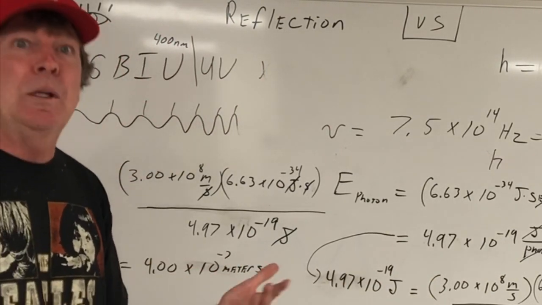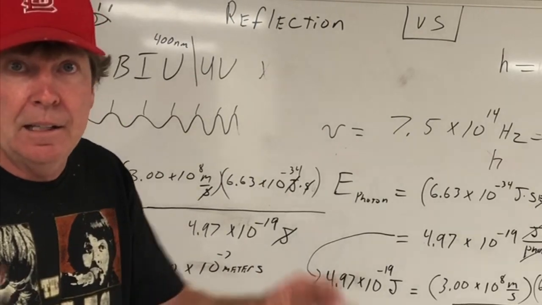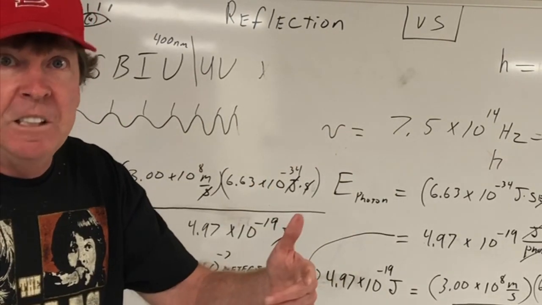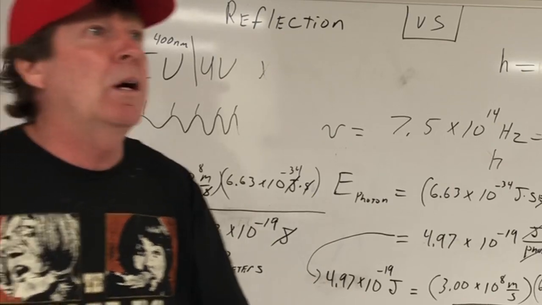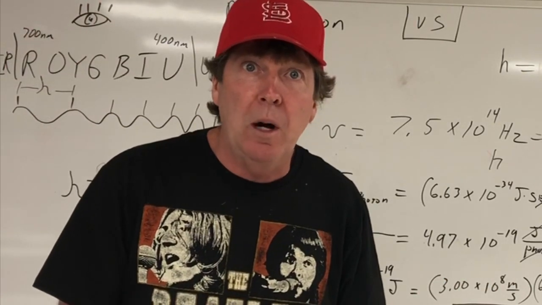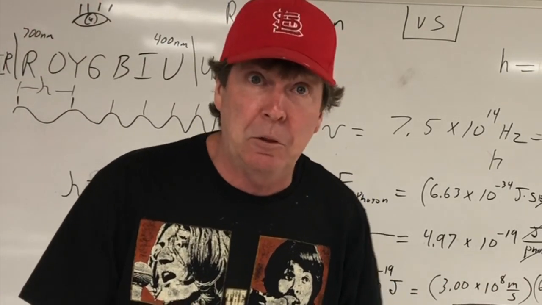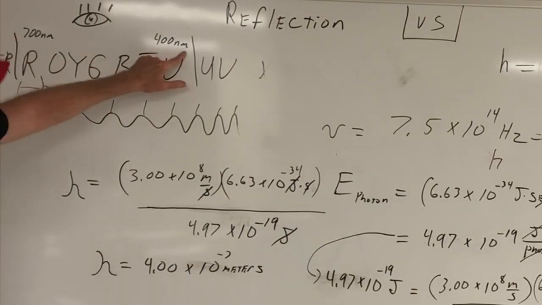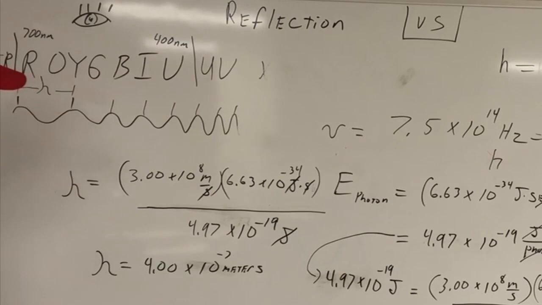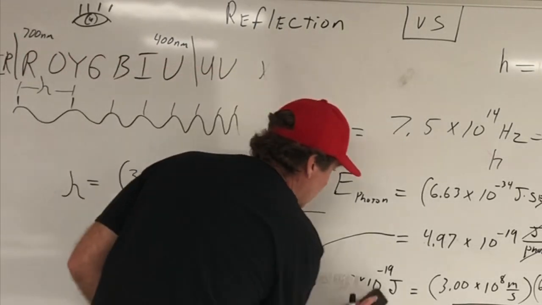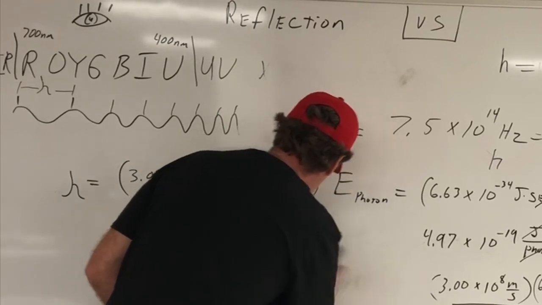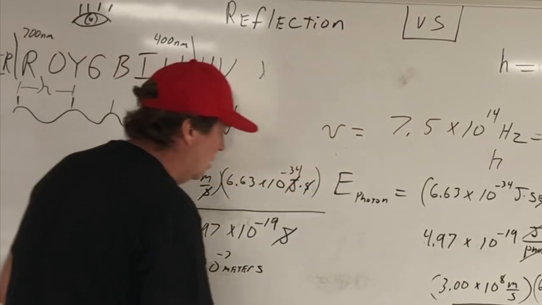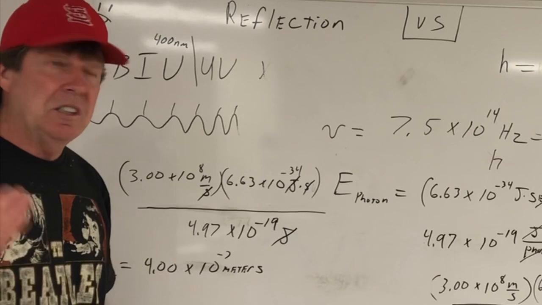And then, once we know the nanometers, we can fit it in our visible spectrum or see where it is relative to the wavelengths in the visible spectrum. Notice 700 to 400 nanometers. Let's convert meters to nanometers.